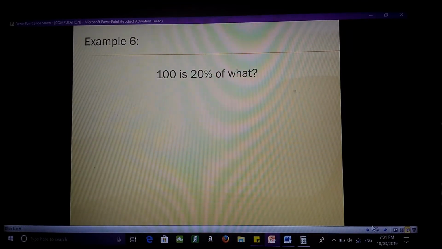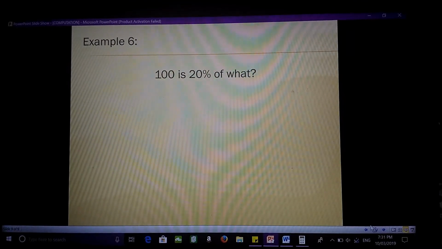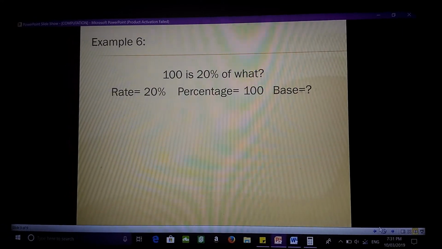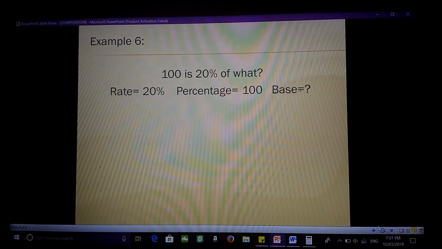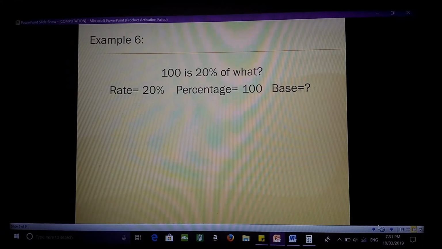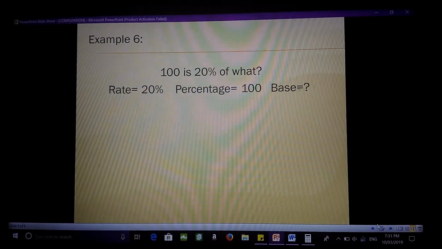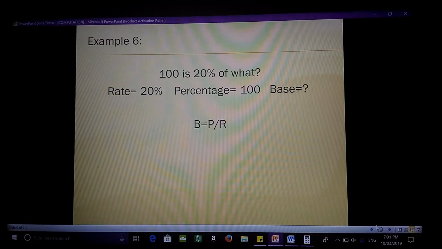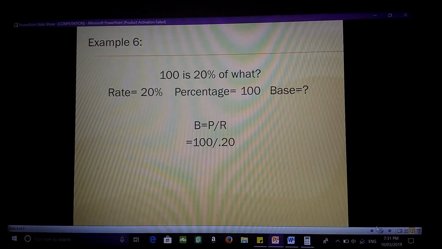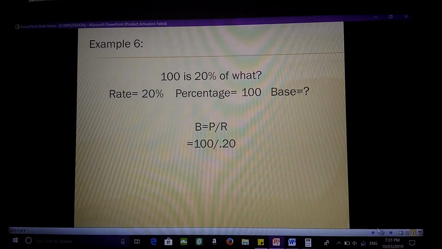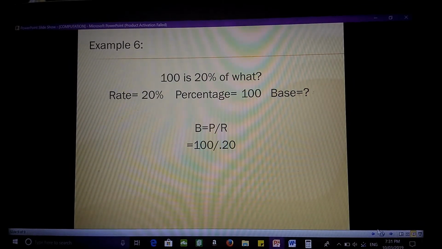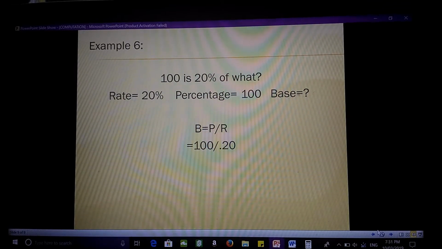So, for the last example, 100 is 20% of what? Given rate is 20%, percentage is 100, and we're looking for the base. So the formula for the base is equal to percentage over rate. So 100 divided by 0.20. We convert the percent to decimal.